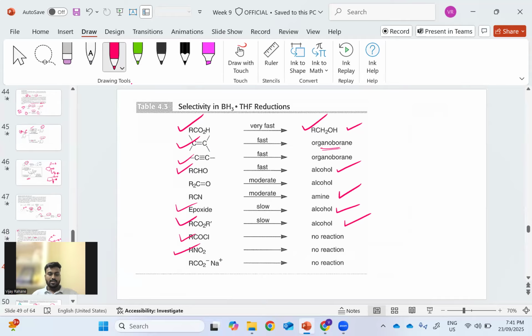Then the nitro or aromatic nitro group doesn't react with this BH3 THF. And then we have the acid in the form of salt. That time it doesn't show the reaction. So that's what you always need to remember about the reactivity of this BH3.